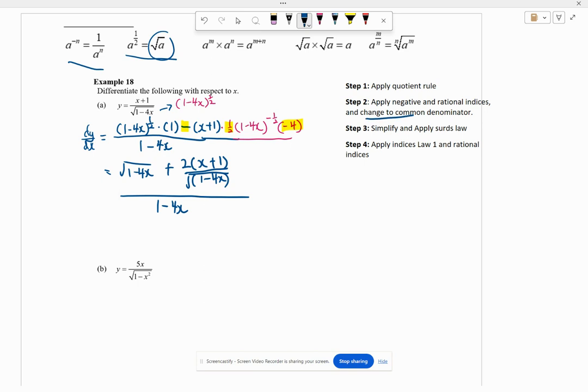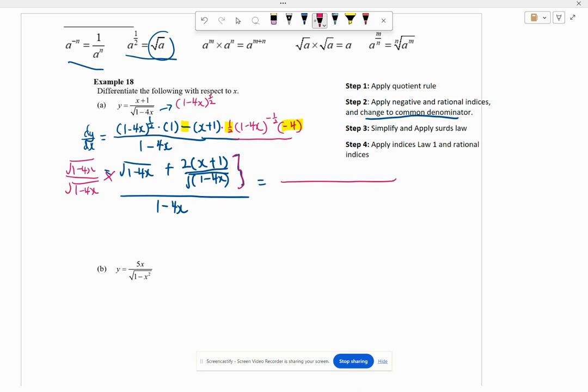We need to change to a common denominator first at step 2. So we change just this portion here, which means we want the same denominator. It means this first term times square root of 1 minus 4x over square root of 1 minus 4x. We can multiply.